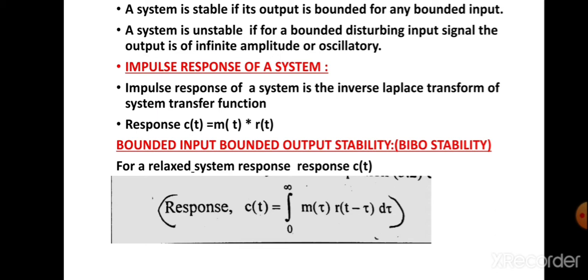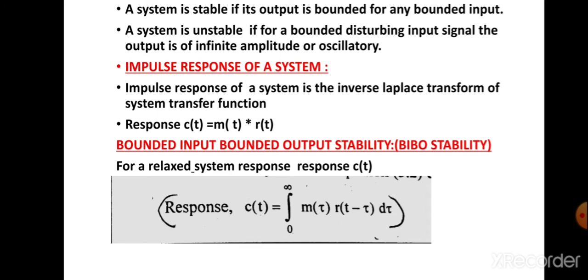So for an impulse input, the impulse response of a system is the inverse Laplace transform of the system transfer function. We have the system transfer function given as G of s, and if we give an input impulse R of t and take the output as C of t, then C of t is called the impulse response, obtained by taking the inverse Laplace transform of the system transfer function.